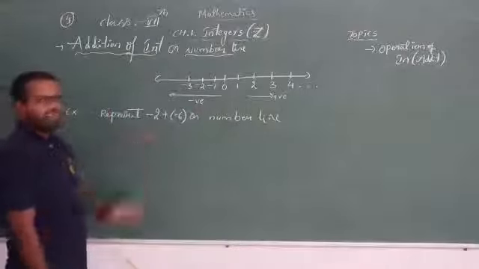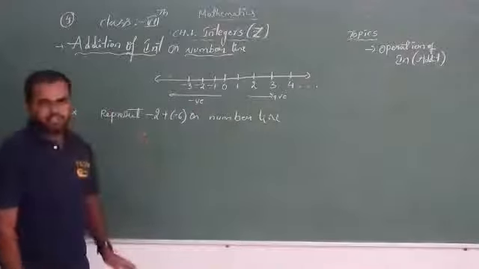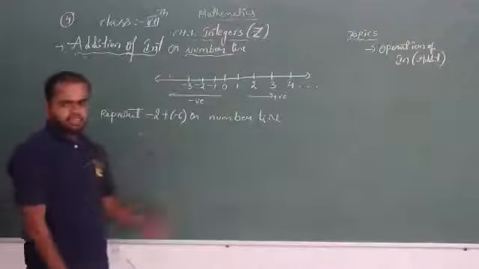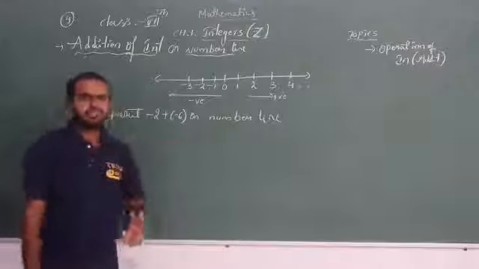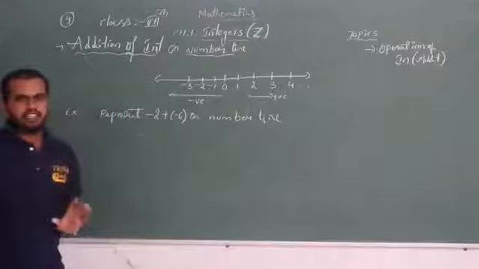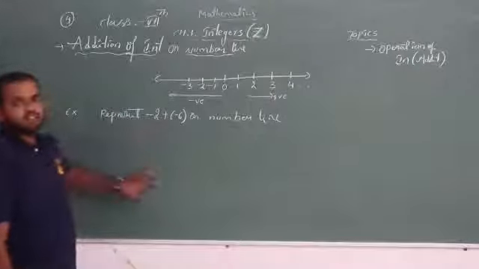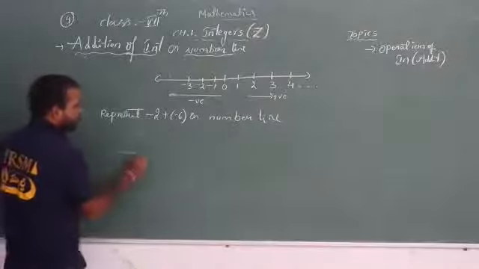I am taking -2 and -6, adding both negative numbers. Whenever we add negative numbers, we add the numbers and take the minus sign, so -2 -6 gives -8. We know the answer, but we will show it on the number line. So how will you write it?